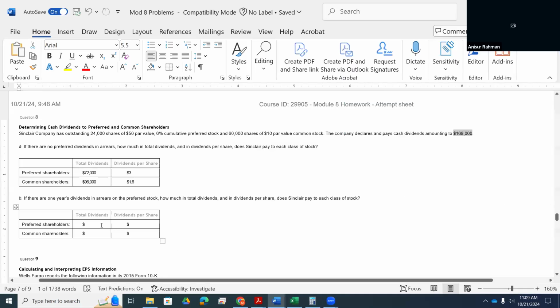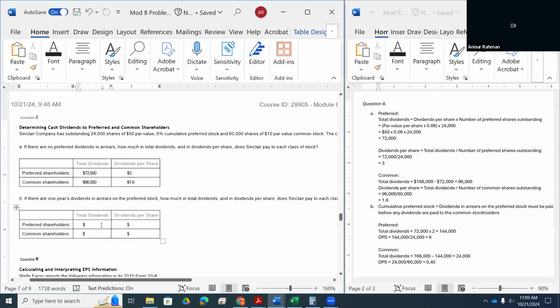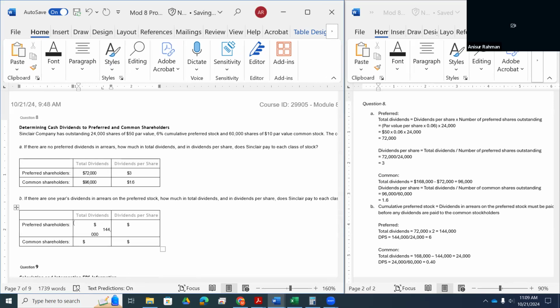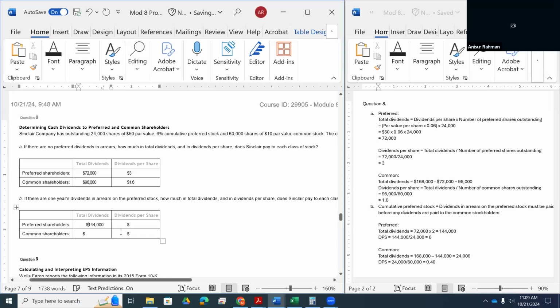So let me now write these numbers down. First, preferred total dividends, 144,000. And then dividends per share is 6. Common is 24,000.